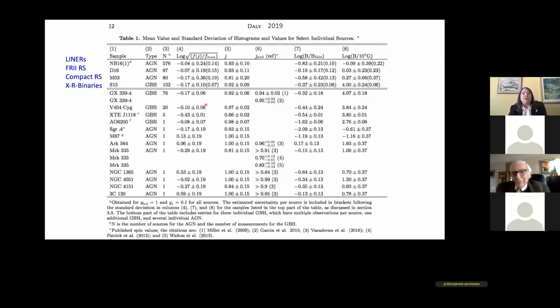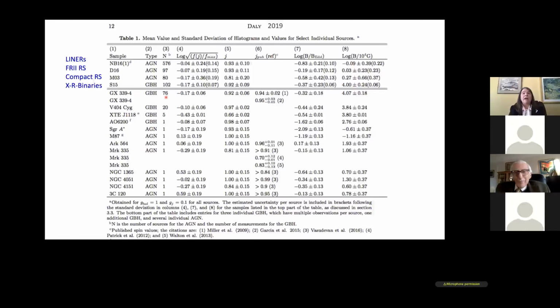Now, down here are the results for the 4 individual stellar mass black hole systems. So GX339-4 had 76 simultaneous radio and X-ray observations. So the black hole mass is fixed, and as the accretion rate changes, the bolometric luminosity of the disk changes, and the beam power changes.